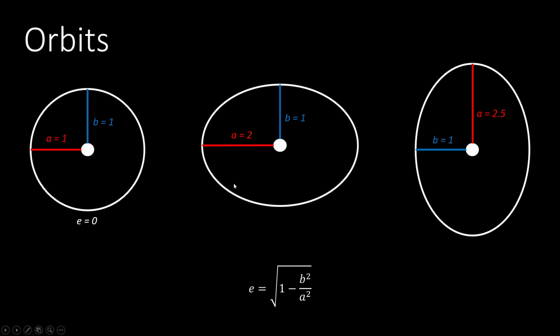We know that the eccentricity of this one over here is 0.866, and subsequently we have an eccentricity of 0.917. What's also interesting is that while an eccentricity of 0 means that it is a perfect circle, an eccentricity of 1 is essentially a straight line with 100% deviation from being an actual circle.